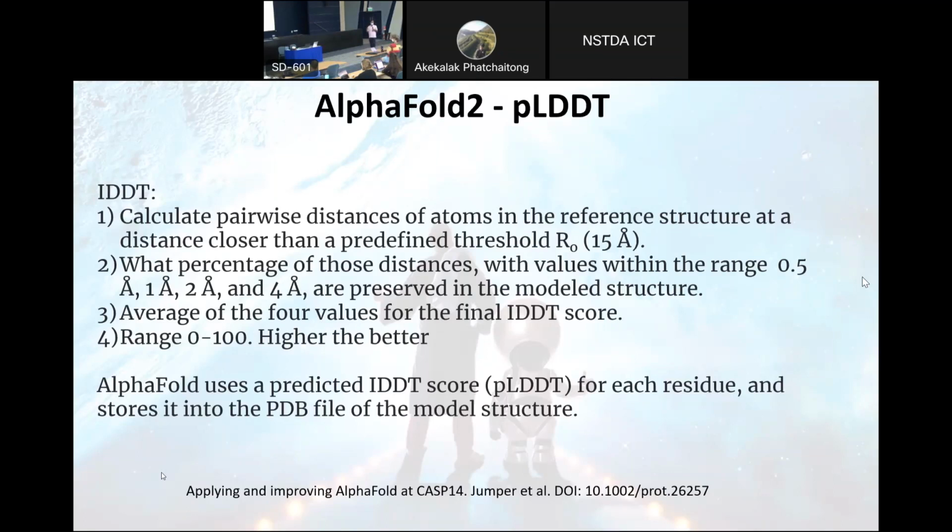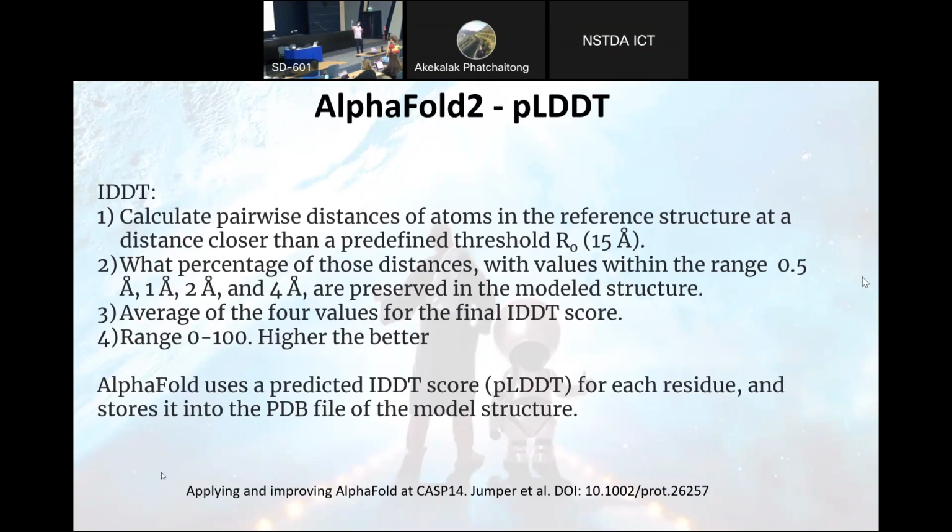One is called the local confidence, which is at the residue level. So what you do is take a residue, say its C alpha atom. You calculate all the C alpha atoms within 15 angstrom of your residue's C alpha atom, and then calculate all the distances in your experimental structure.